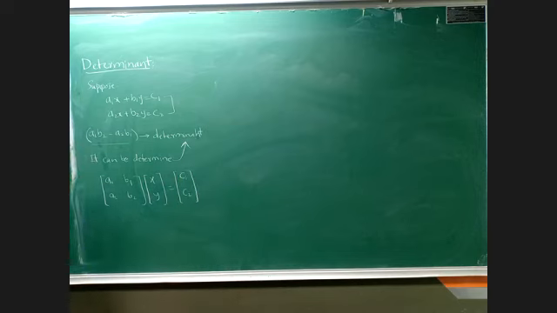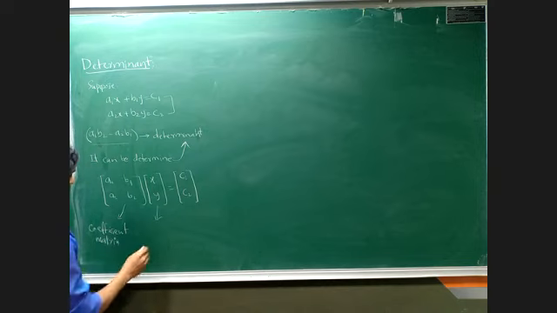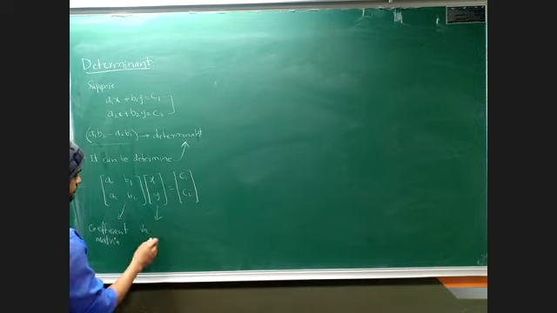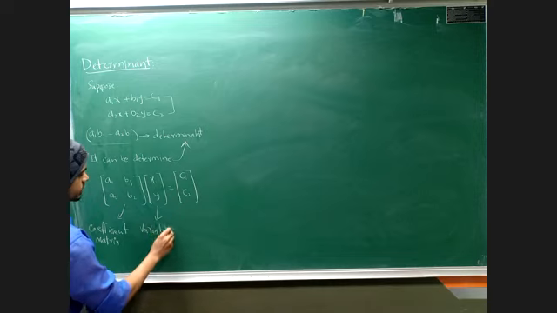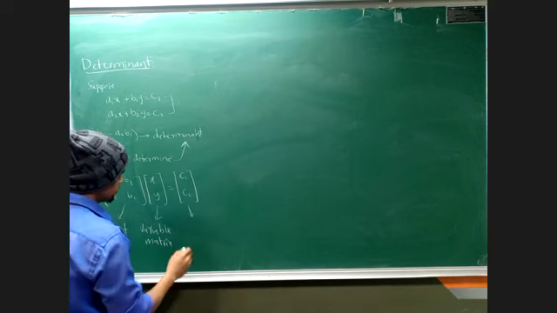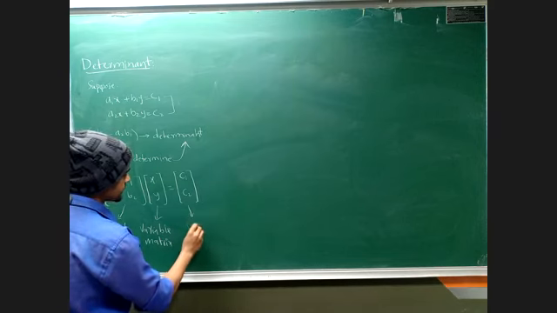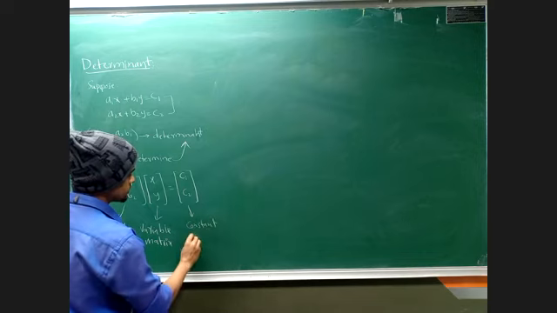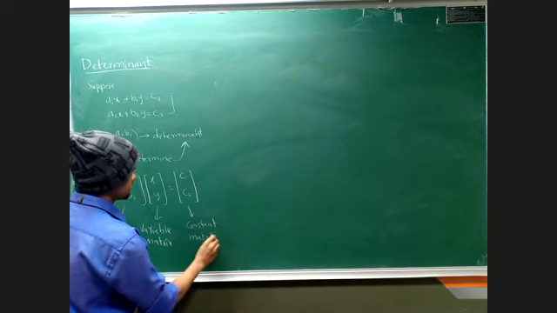Normally this matrix is called the coefficient matrix, and this matrix is called the variable matrix, and this matrix is called the constant matrix.